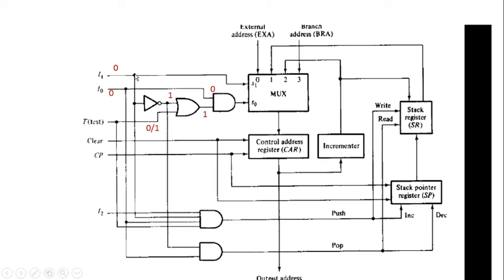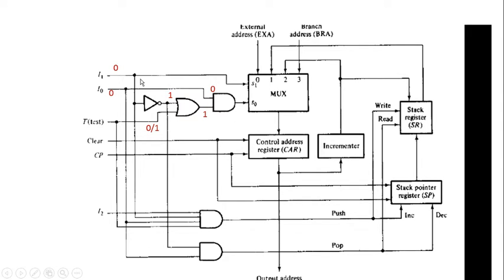What's the meaning of this? Here I1 is directly connected with selection pin S1, and how do we configure the S0 selection pin of this multiplexer?